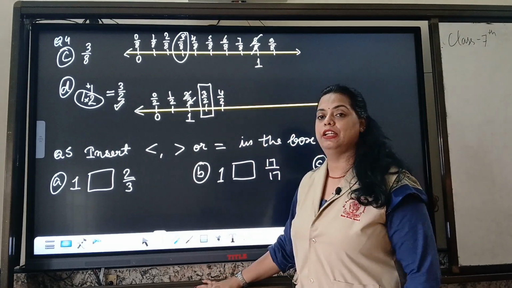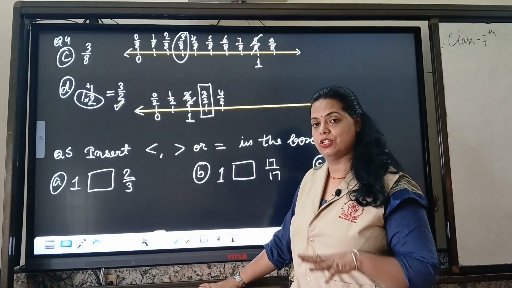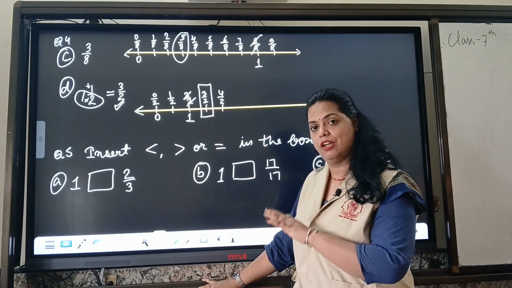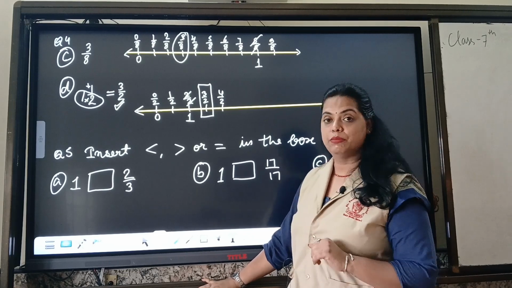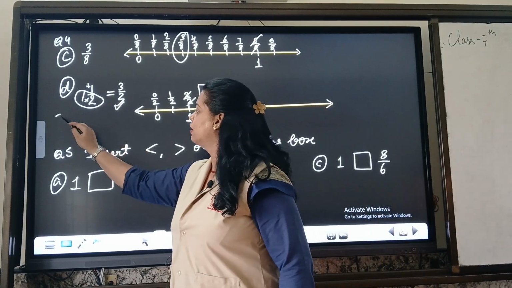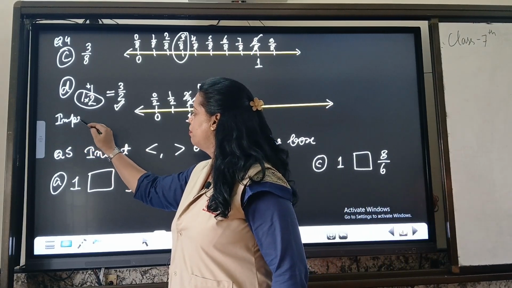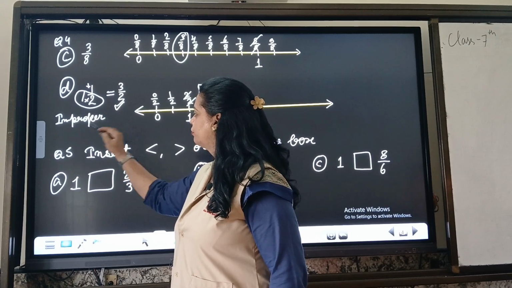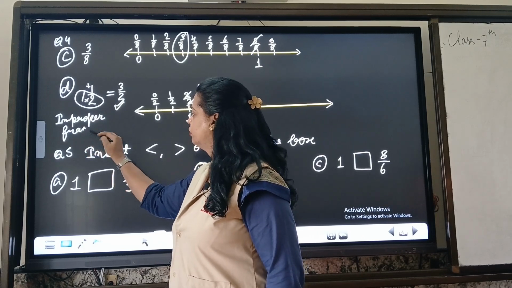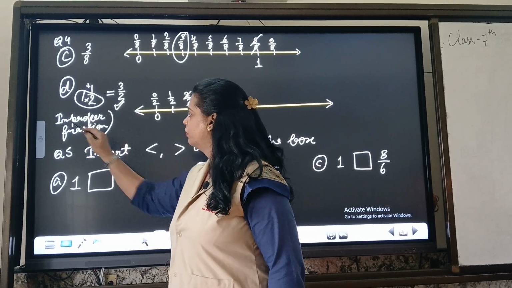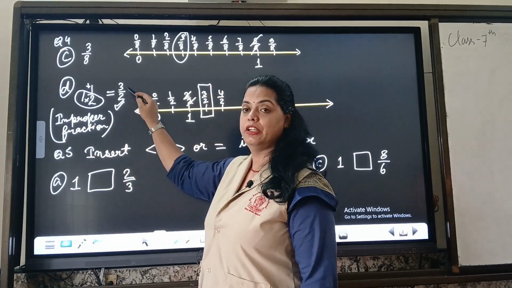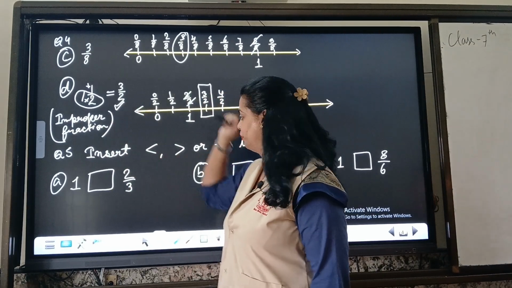I told you earlier that if your answer or your question is given as an improper number, it will always lie after 1 on the number line. So, it was an improper fraction. You can see denominator is smaller and numerator is greater.